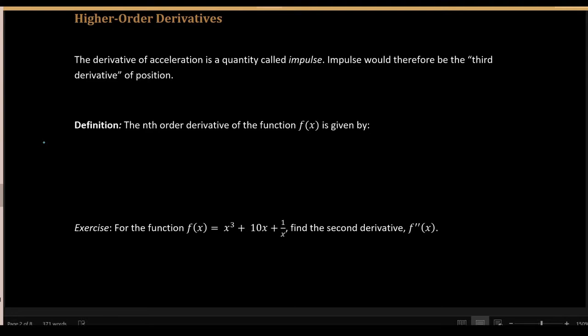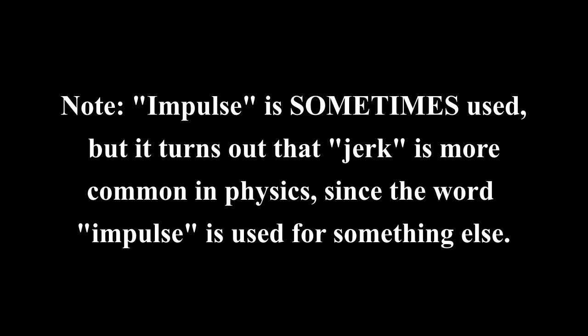But every once in a while, you will run across a higher order derivative which actually is used in some applications. For example, if you take the derivative of acceleration, you get a quantity which is sometimes called jerk. The derivative of acceleration would be the third derivative of position.